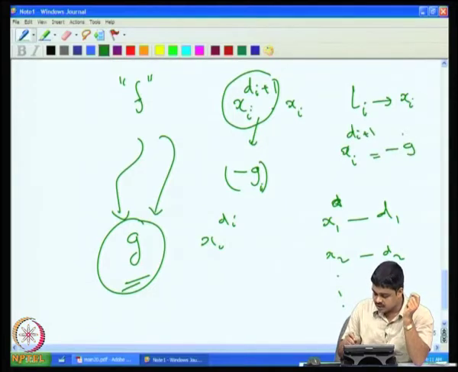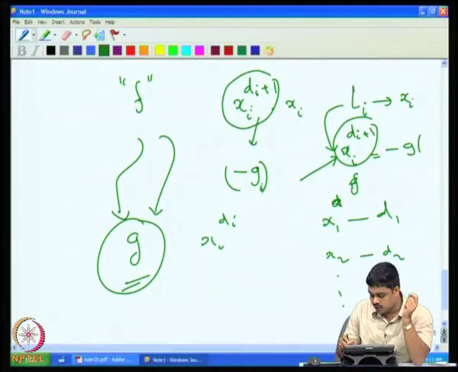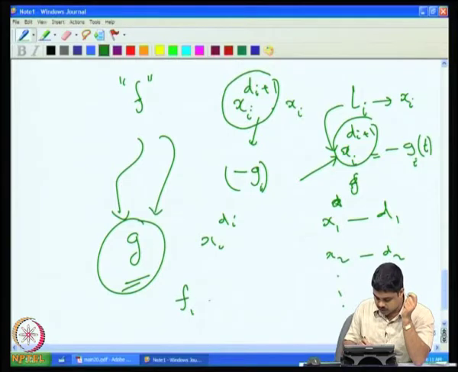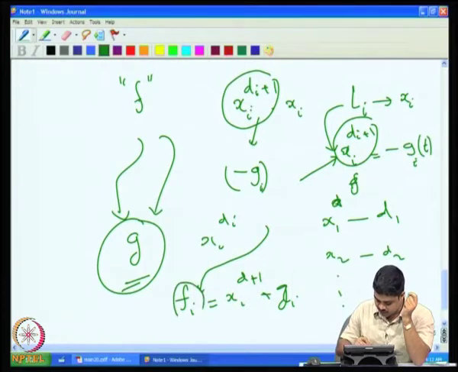We know that if we substitute any value t from Li for xi, then fi equals xi raised to di plus 1 plus gi, and for any value t from the list Li, the first part will vanish to 0 and this will be equal to minus gi.